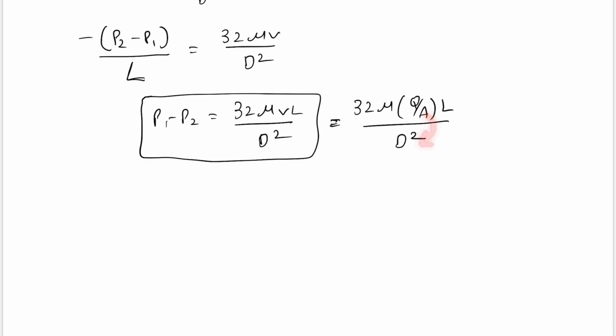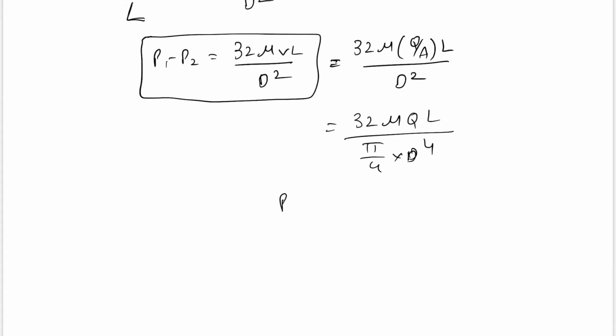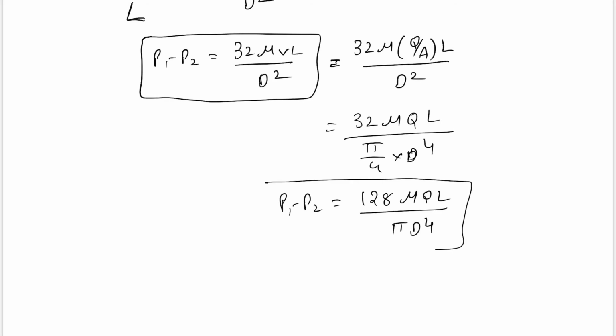Since area will now come down, what is area? Area is equal to pi by 4 d square. We'll multiply that with d square. What will happen? 32 mu Q L by pi by 4 into d power 4. D square already here, from area another d square. So P1 minus P2, the final expression will be, 4 will come on top, 128 mu QL by pi d power 4.